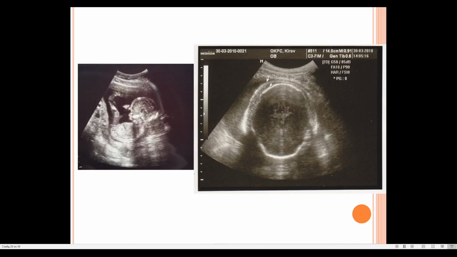On these pictures you can see visualization of the so-called areola sign. In the left picture you can see the baby's profile and a double contour which is visible. Internal contour is the baby's skull, and external contour is the baby's head skin. Between them is located swollen subcutaneous fat.